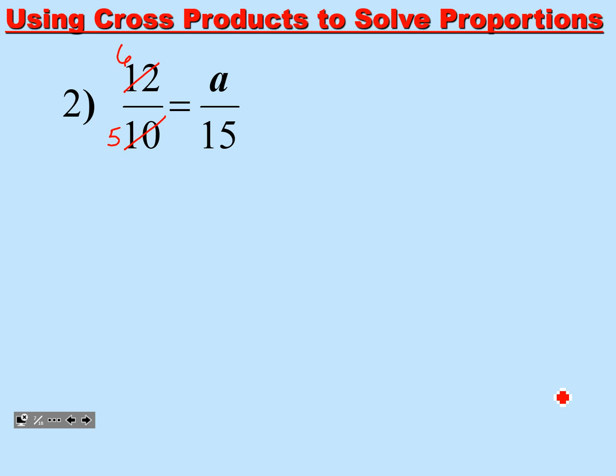So now, to make it easier for me, I'm going to cross multiply now. So 5 times A is 5A. 6 times 15 equals 90.